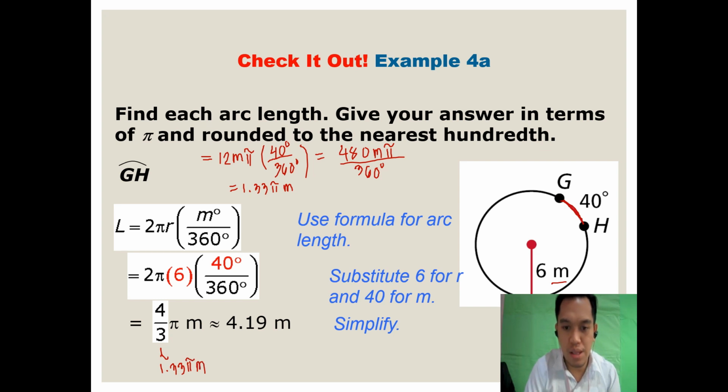Okay? 4 divided by 3 is 1.33. Then 1.33 times pi is equal to 4.19 meters. So this is the length of our arc or the arc length. Ito. So yung length dito, yan ay 4.19 meters. Okay?